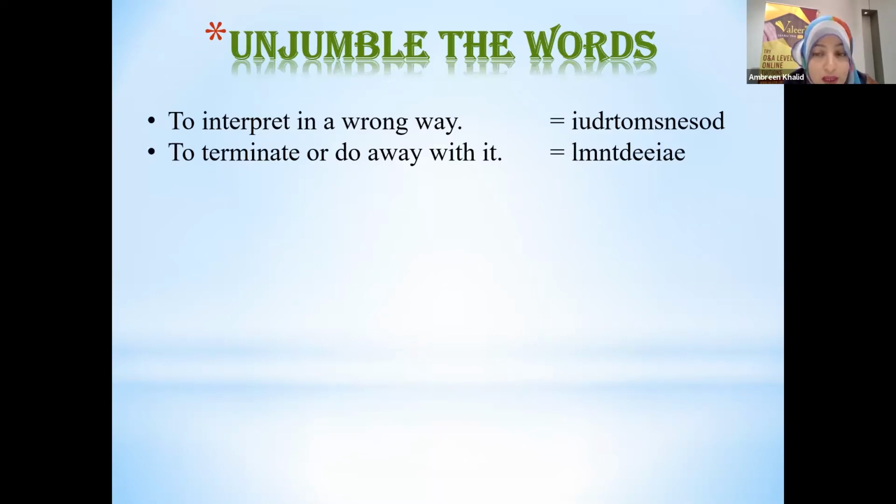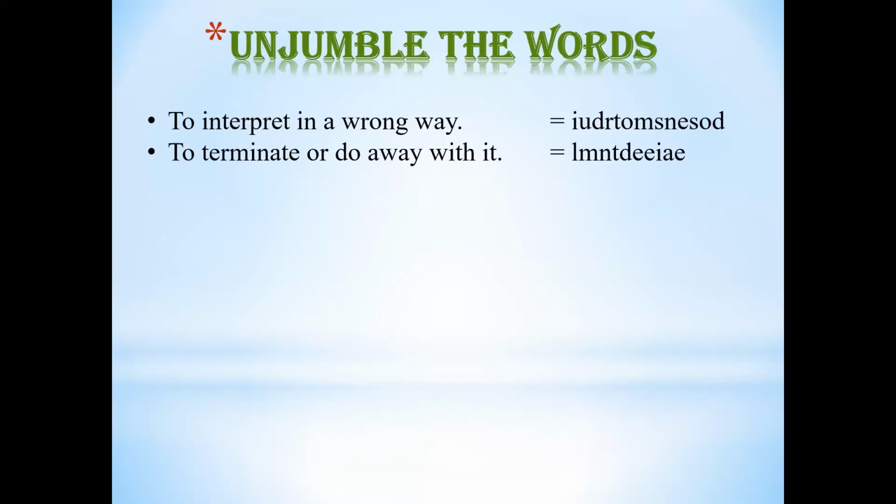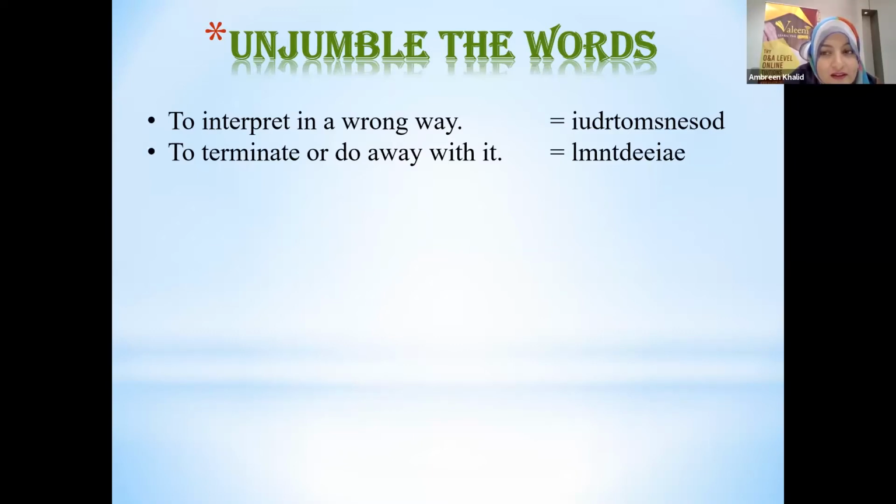Let me give you a hint. The word starts with E, and it's in the past tense. Very good. Eliminated. Eliminated has two L. Yes, it should have two L. You're right.